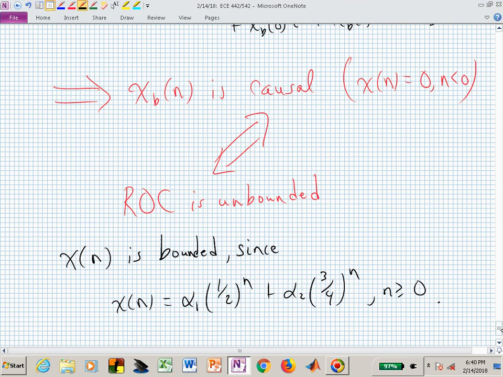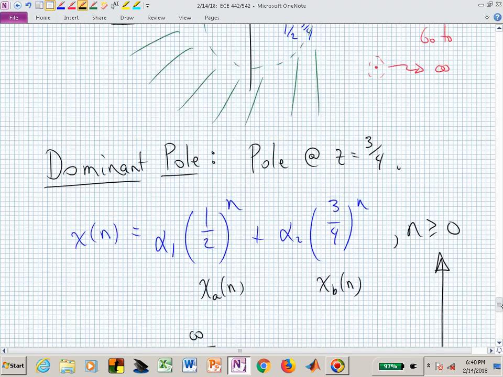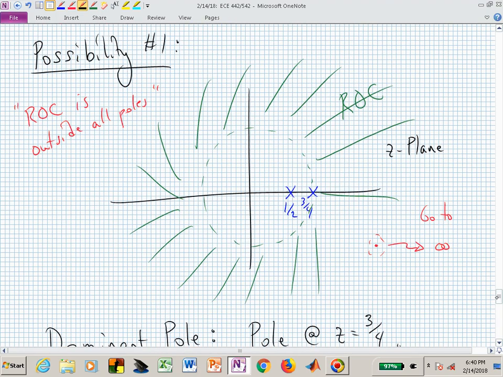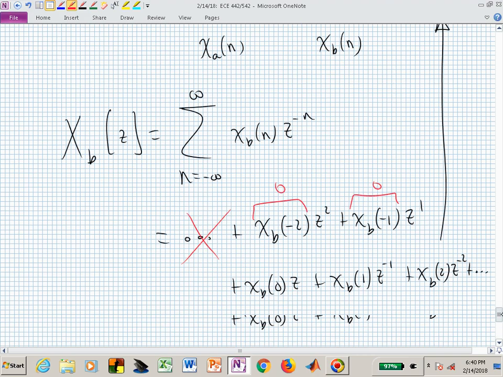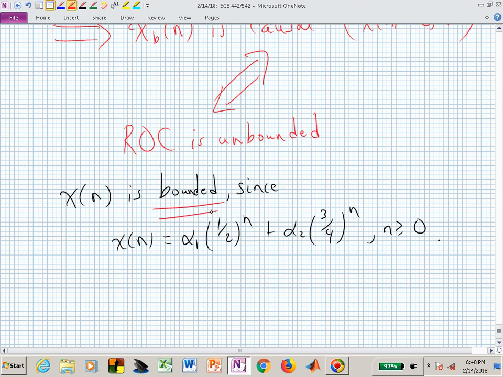Where's the unit circle in this picture? It's at 1, so it's inside, on top of the region of convergence. Boom, that tells us what this just said. Our sequence is bounded.